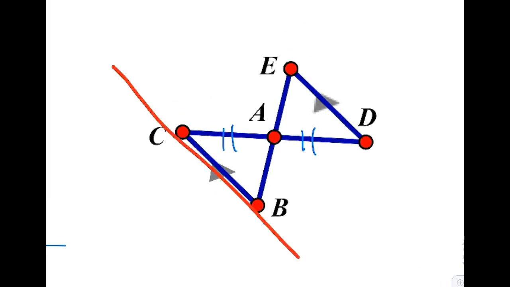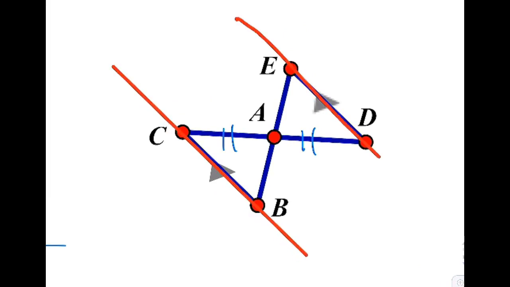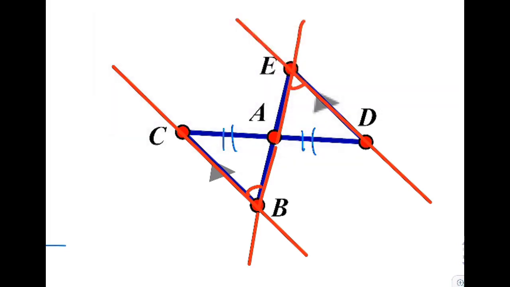And it's already marked with arrows, but that's parallel to that, which means I have a transversal, alternate interior there, and another transversal this way, alternate interior there. And then it said that A was the midpoint of CD, meaning that these two sections are congruent.